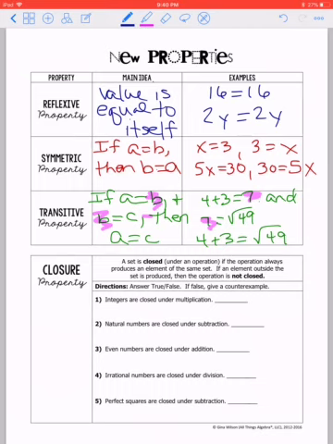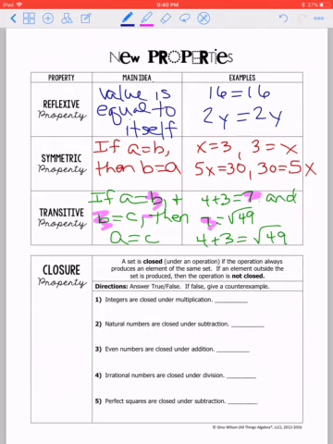Okay? So if I'm adding two integers and I get an integer answer, that would be considered closed. If I am adding two integers and I do not get an integer number, that would be not closed.